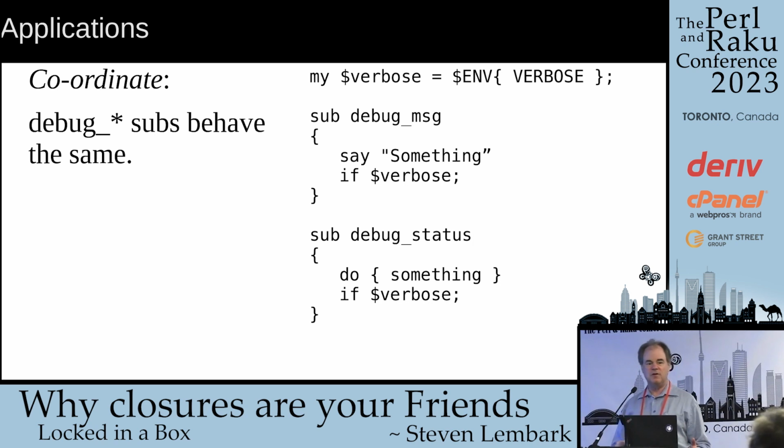If I keep using env or verbose, or if I try to make a subroutine call in each of them, even if I use a state variable, I could stick a state variable in each of these, but there's no telling whether that value would be stable between each of these different subs instantiating it. Because if we're reading an env and verbose, someone over here does a system call, they set env or verbose before it. Well, now half of my code is behaving verbosely and half isn't, and I can control it.